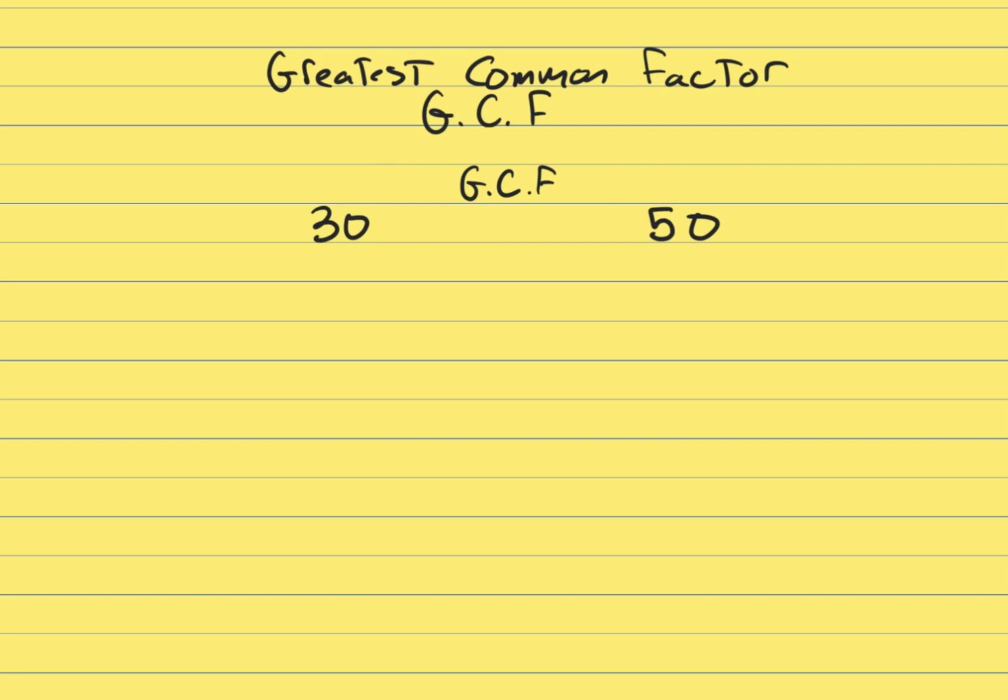Well, one of the ways that you can do this is you can do exactly what we've been doing. You can use the factor tree. So since we've been practicing the factor tree, let's just do this using the factor tree. So 30 was 3 times 10. 3 is prime. 10 is 2 times 5.